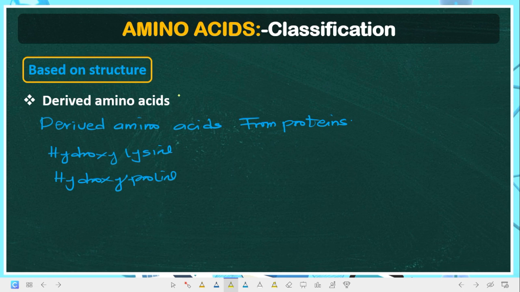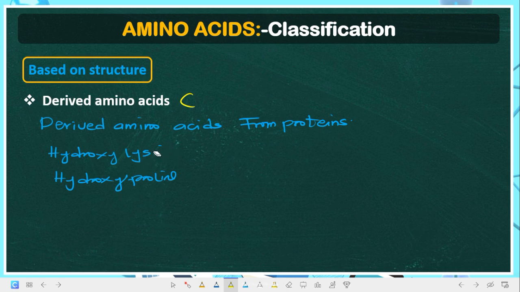Now, this derived amino acid is after protein synthesis. Those amino acids are modified to give the derived form. For instance, after the synthesis or metabolism of protein, lysine is modified to give hydroxylysine, and also proline is modified to give hydroxyproline.